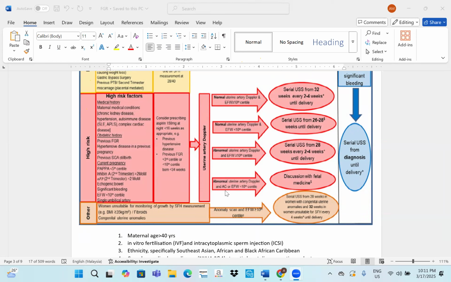So both the parameters should be abnormal to refer this patient to the feto-maternal medicine unit. Is it clear? Now this patient is confirmed FGR.